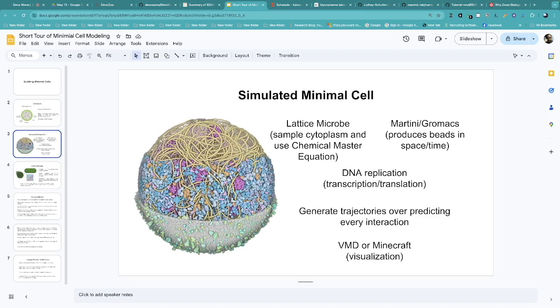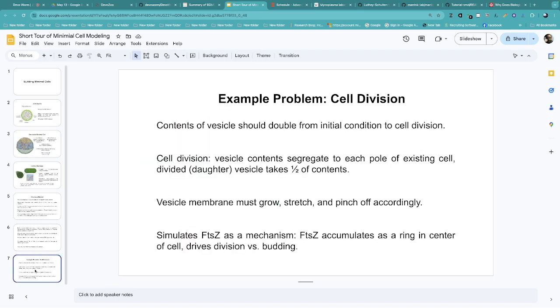The idea in the simulation is that all of these components need to double in number as the vesicle membrane is stretching out. As it's expanding, you're eventually doubling the number of the components. The water is expanding everything out, and then eventually you get this division where the membrane of each daughter cell closes, and then you have two cells. That's what they were looking at modeling.